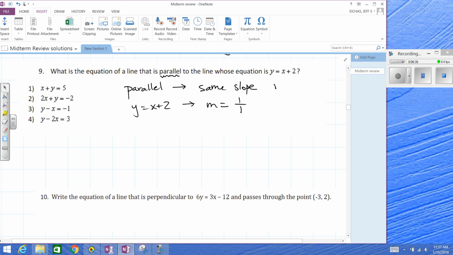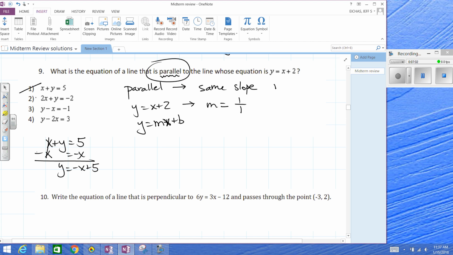What I'm going to do is look at these equations. If I take number 1 and get it into y equals mx plus b form, so I can read the slope, we're going to subtract x from both sides. I'm going to get y equals negative x plus 5. That's not going to be parallel, so let's get rid of that one.